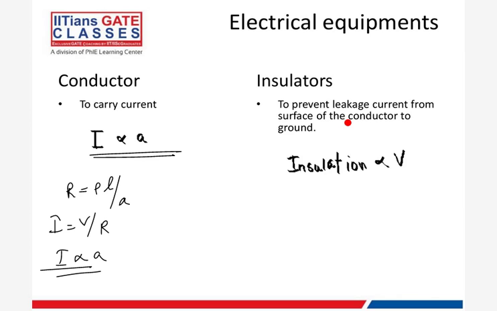That small leakage current also leads to the capacitance of the transmission line. So insulation is provided to protect and to prevent leakage current. The size of the insulation is proportional to voltage. The higher the voltage of the transmission line, the more insulation we need to use.